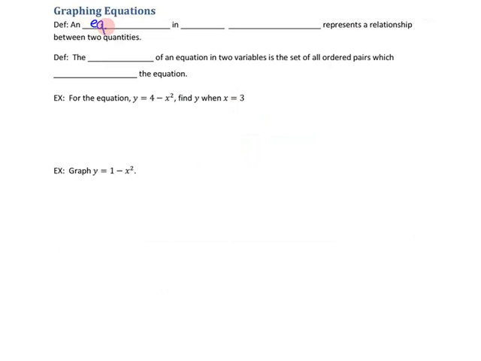An equation in two variables represents some relationship of two quantities. When we refer to the graph of an equation that has two variables in it, we are talking about the set of all ordered pairs which satisfy the equation.